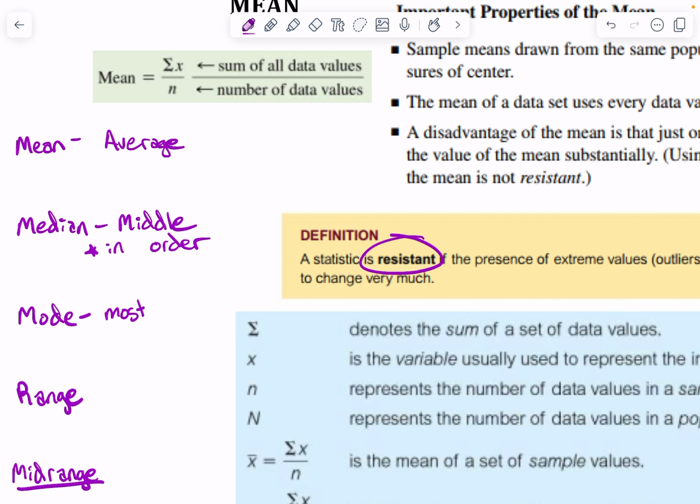One thing to remember is that you never put 0 as the mode if you don't have a mode. If there's no mode, you put no mode, because 0 could be a mode. 0 could be a number that's repeating the most, so don't put 0 down unless 0 is a number in your data set that occurs the most. So mode is the number that occurs the most.